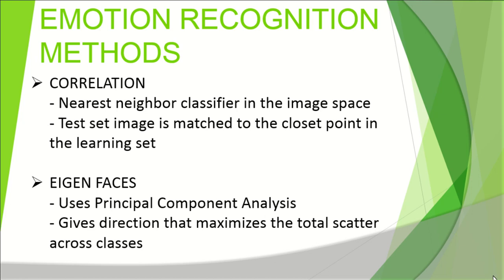Correlation is a simple method which uses the technique of nearest neighbor classification in the image space. What this means is, given a test image, it tries to match to the emotional label of the image that is closest to it in the image space. Consider an image space to be points scattered all over. Now you are given a test image, which is also a point, and it tries to match itself to the point which is nearest to it based on the Euclidean distance.